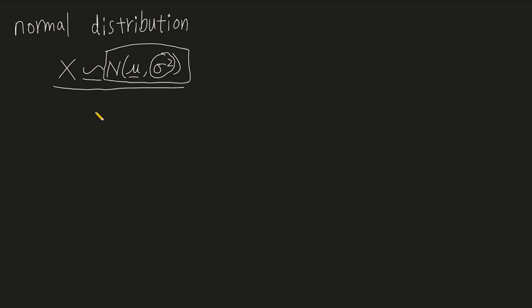And the probability density function of a normal distribution is like this. f(x) is the probability density function. f(x) is 1 over sigma times the square root of 2 pi, multiplied by e to the power negative one half, times the square of x minus mu over sigma.